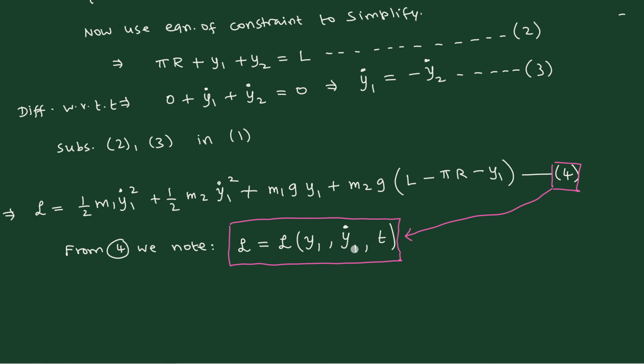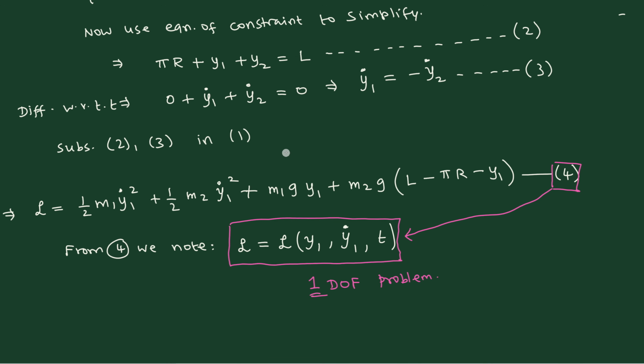Its own corresponding time derivative, no need to count. Therefore, since only one variable y1 is there, this is actually a 1 degree of freedom problem. So you have already reduced the 2 degrees of freedom problem to a 1 degree of freedom problem because of the constraint. If you didn't use the constraint, you cannot reduce it, and therefore the problem becomes unsolvable.